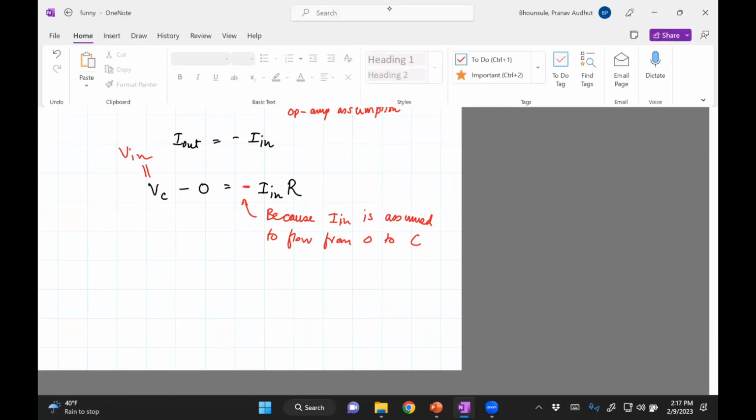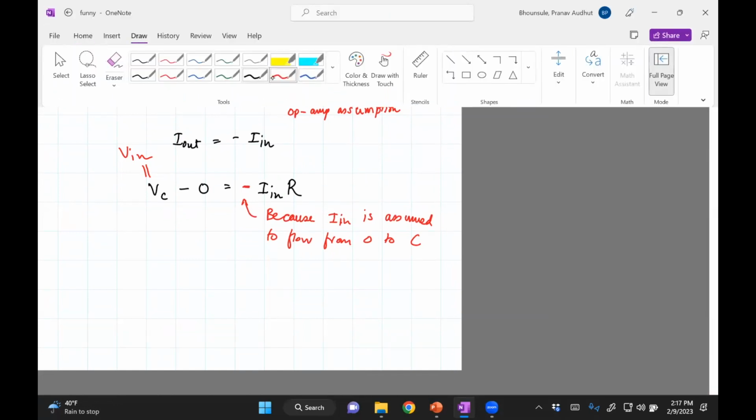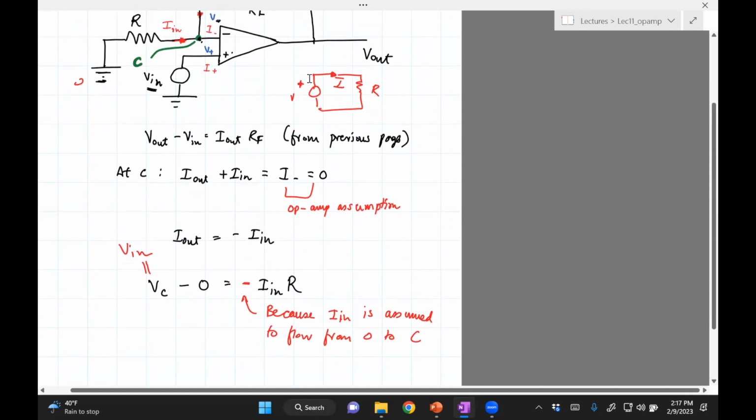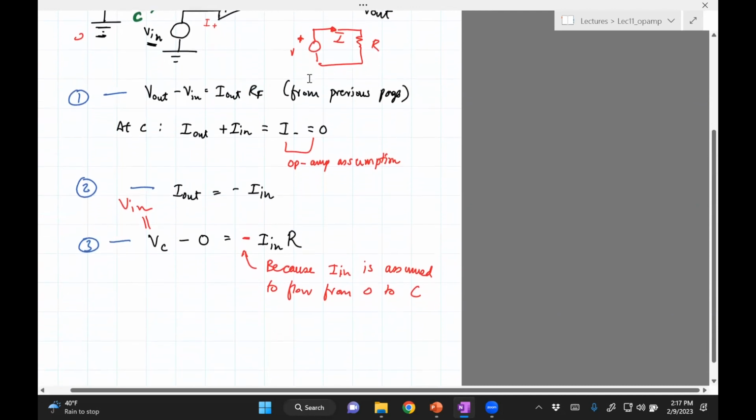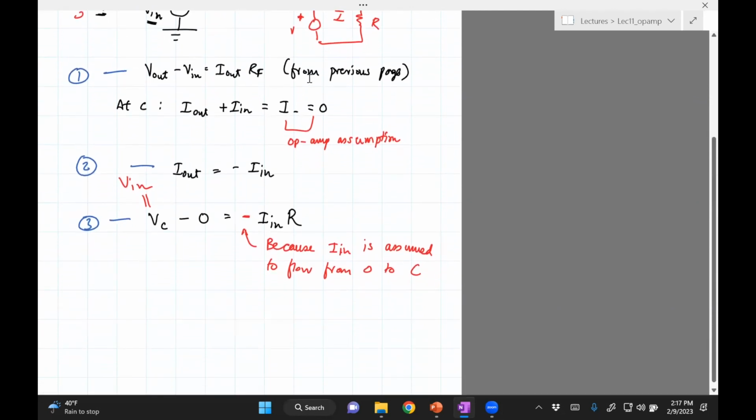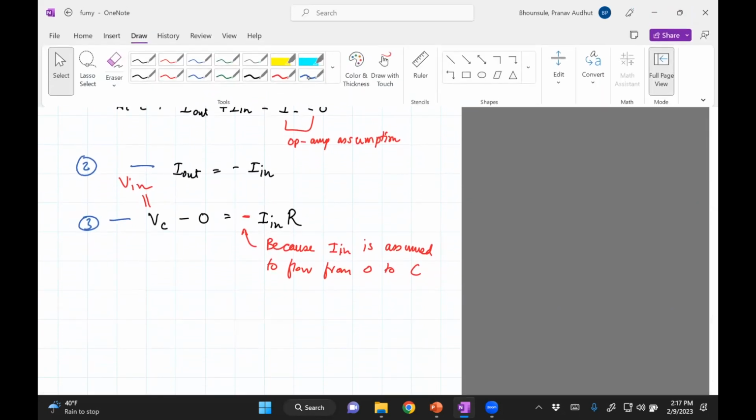And so now I think we have all the equations we need to solve this. Let's list the equations. Let's call this 1, let's call this 2, let's call this 3. So we have 3 equations, and we can probably eliminate the unknowns. Let's try to do that.